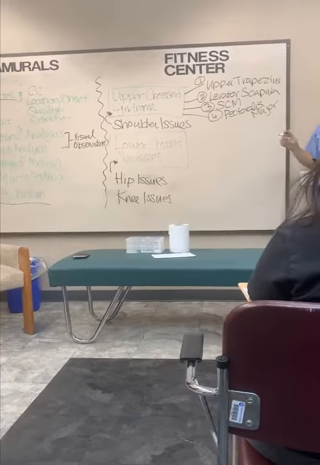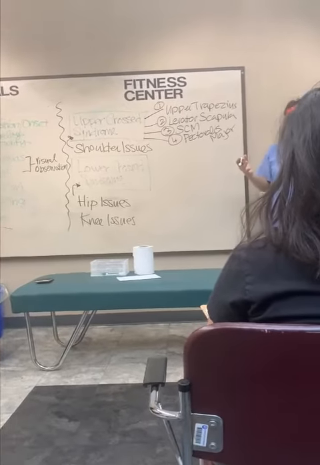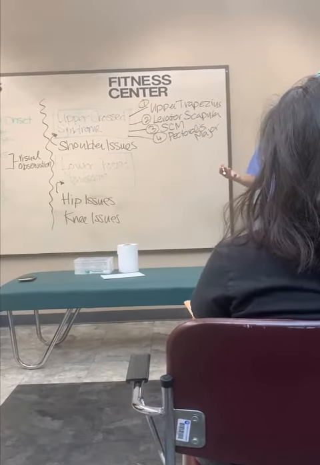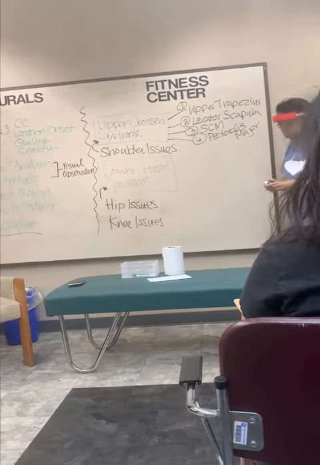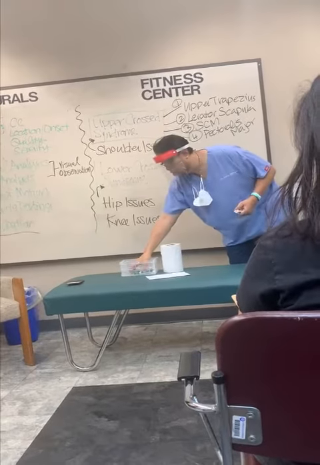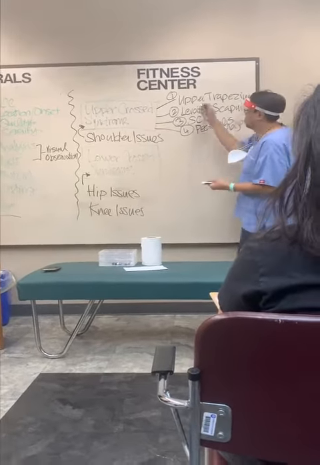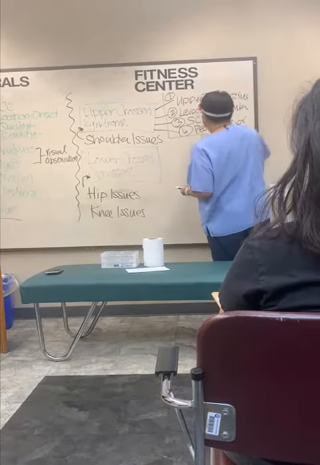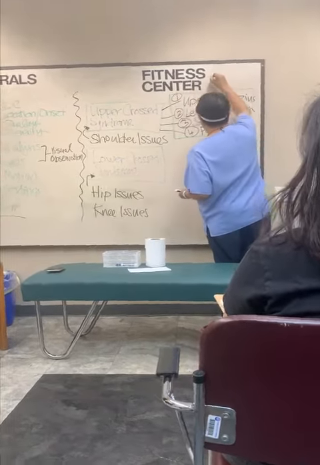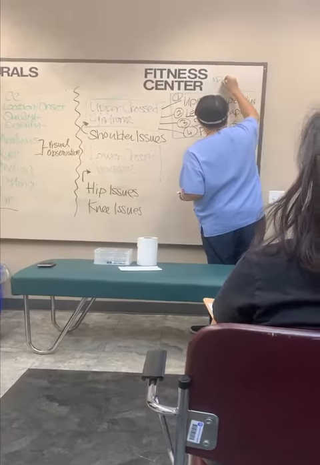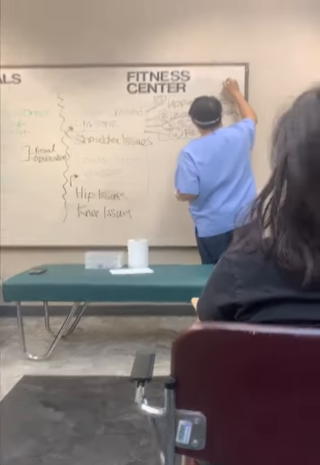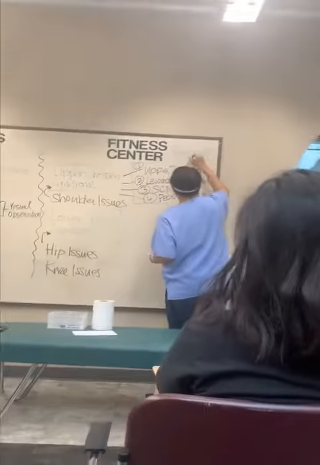No. So the ones that I just kind of sang to you were the phasic muscles. So all of these are what kind of muscles? They're all postural muscles, and again, they're prone to tightness, right?